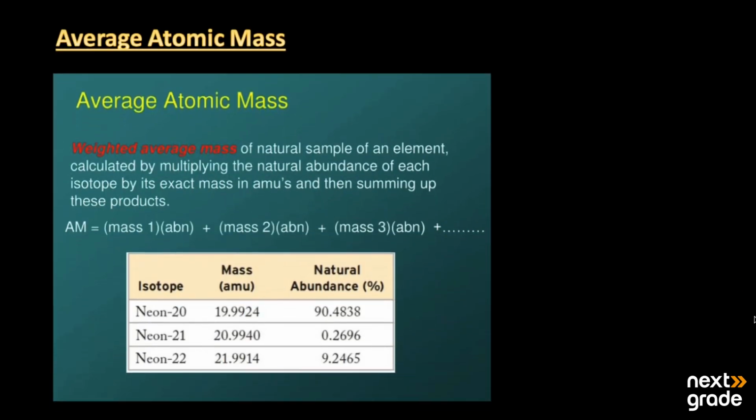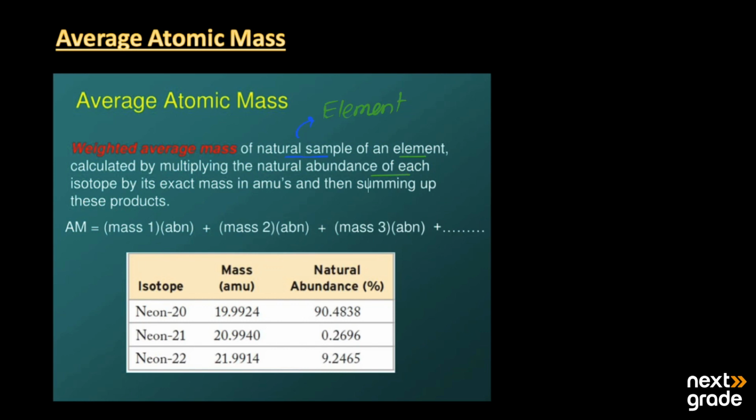Next, we have another definition for the average atomic mass. The weighted average mass of a natural sample, any natural sample meaning any pure element, is calculated by multiplying the natural abundance of each isotope.